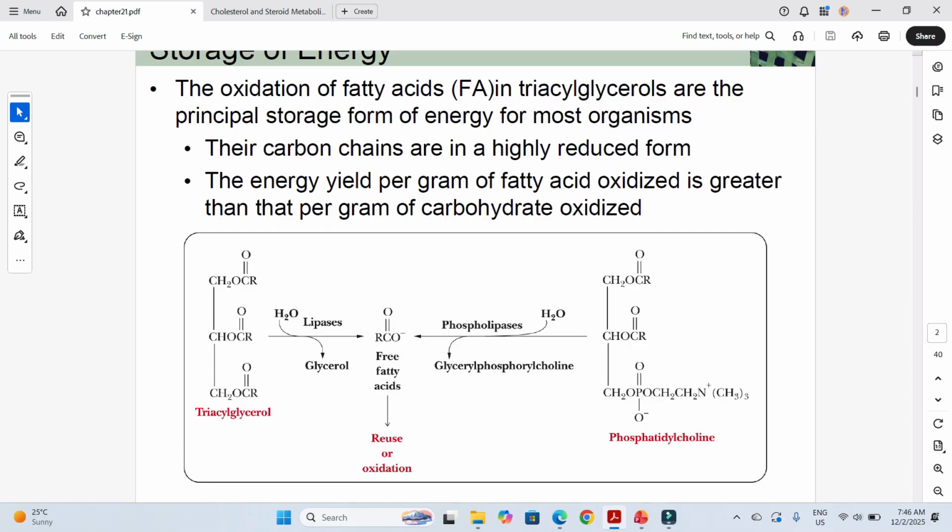The thing that you have to bear in mind, though, is that unlike lipases, which act on just ester bonds in triacylglycerol, we actually have a different kind. Phospholipases may act on ester bonds in phospholipids, or they may act on phosphoester bonds in phospholipids.